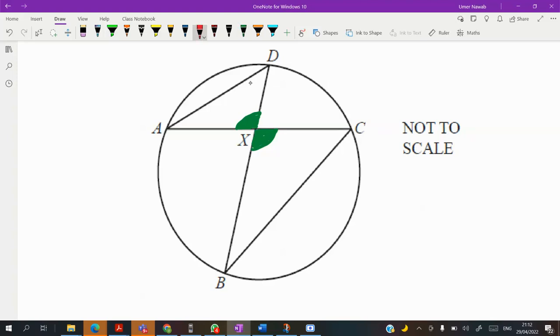Second, this angle is the same as, tell me, which angle? This angle. What is the reason? If you are using arc AB, the arc AB makes the same angles on the circumference, angles in the same segment. This is the reason.